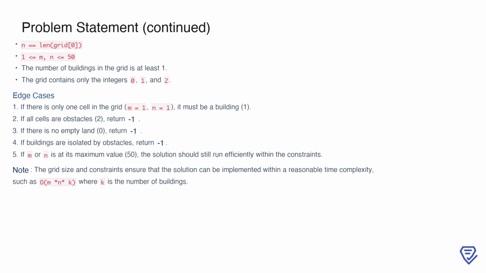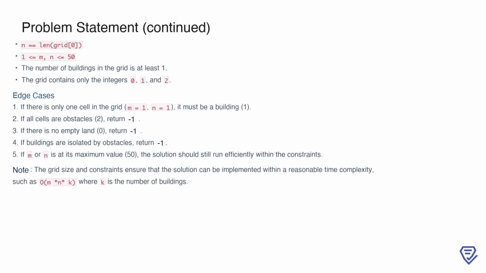Finally, let's review the constraints and edge cases for this problem. The grid dimensions m and n are both between 1 and 50. There is guaranteed to be at least one building in the grid, and all cells will contain only the integers 0, 1, or 2. Some edge cases to keep in mind include: if the grid contains only one cell, it must be a building; if all cells are obstacles, the output should be -1; if no empty land cells exist, the output is also -1.